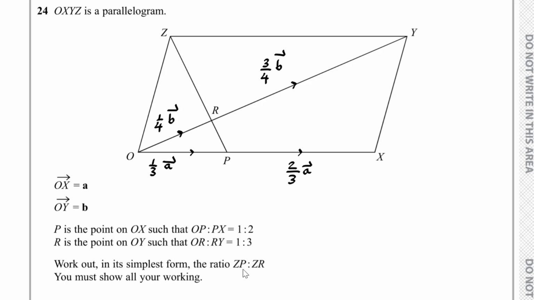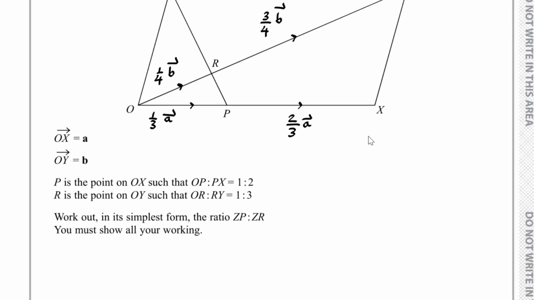Now why does that help us? Because we need to work out first of all what ZP is. So starting at Z, finishing at P, how can we get there? Well, for that I need to know what OZ is, which is equal to XY, because we have a parallelogram.